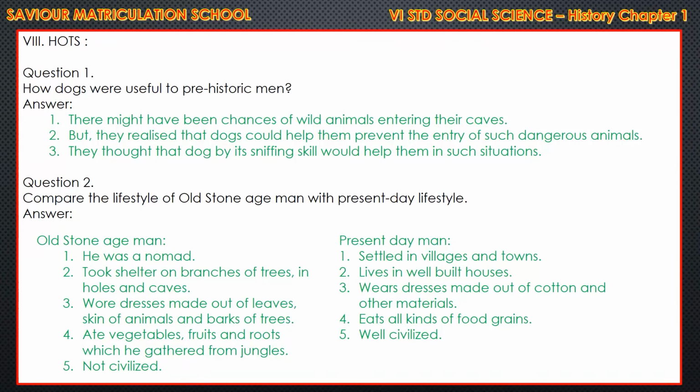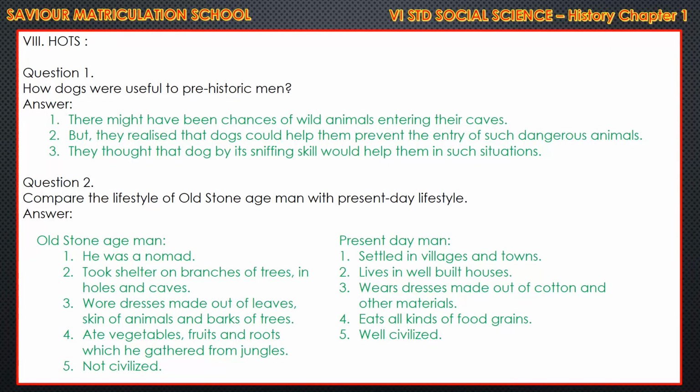Here, old Stone Age man, he was a nomad. Nomad means he'll be roaming. For 6 months he'll be in one place. Next time he'll go to another place for hunting. Understand? For living. But in present day man, they settled in villages and towns. And second point, the old Stone Age men took shelter on branches of trees, in holes and caves.